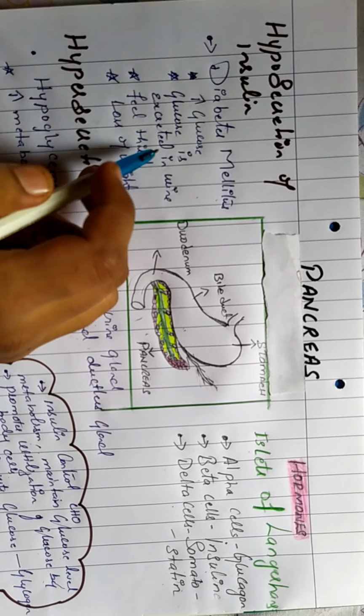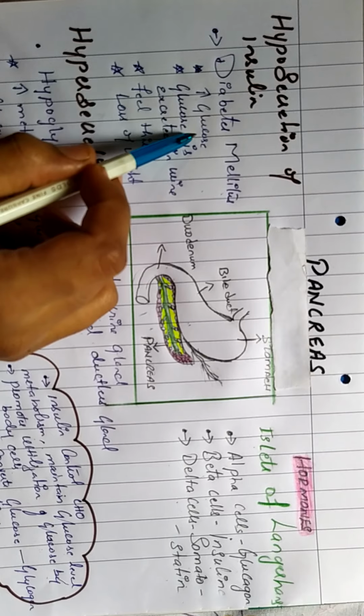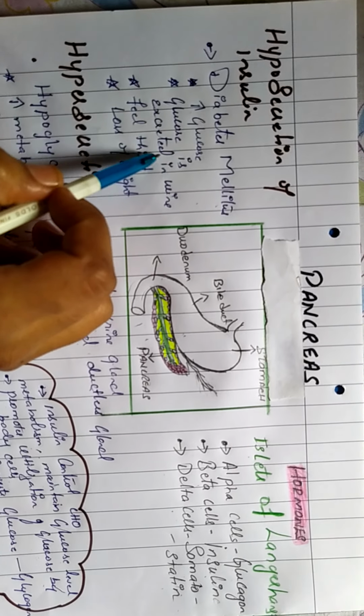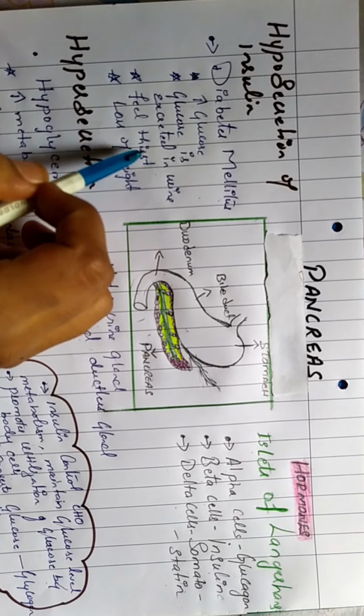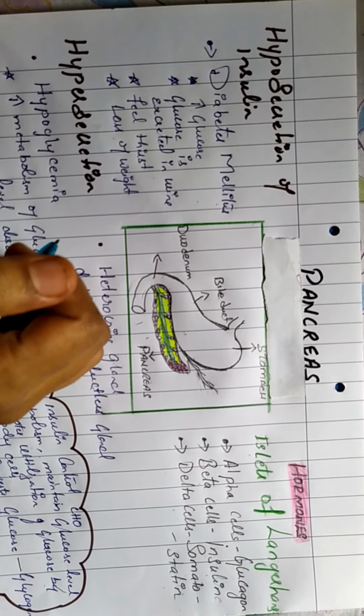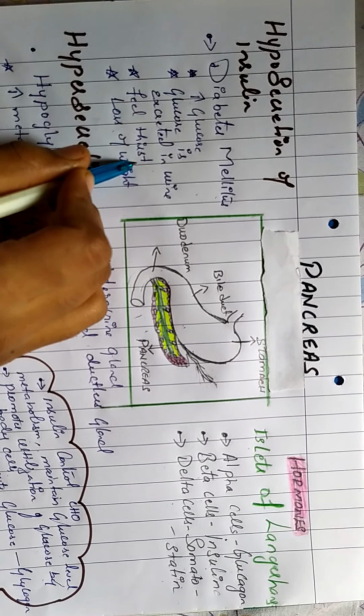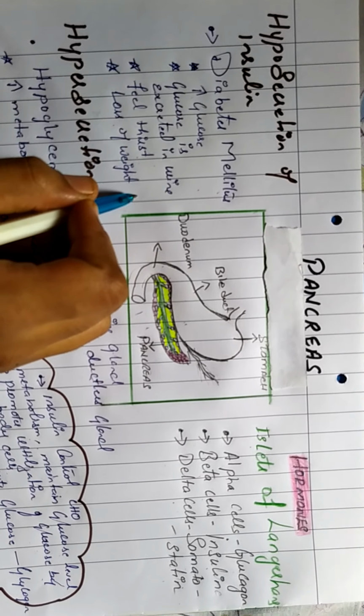This disease is characterized by symptoms such as a high level of glucose in the blood, glucose excreted in urine, secretion of a large amount of urine, and the person feels very thirsty due to excessive loss of water.